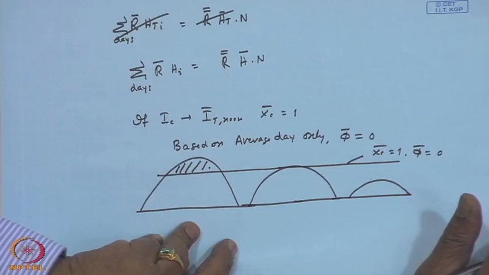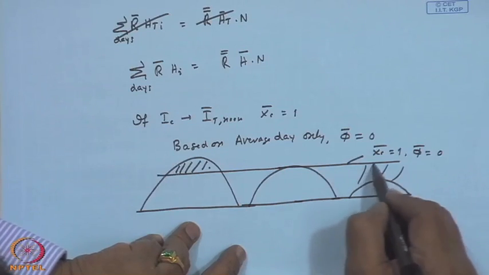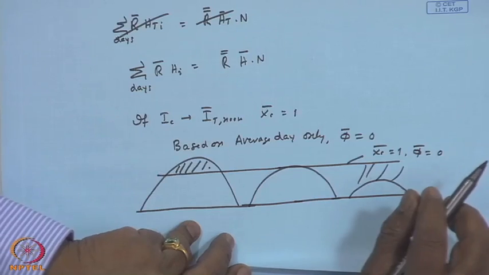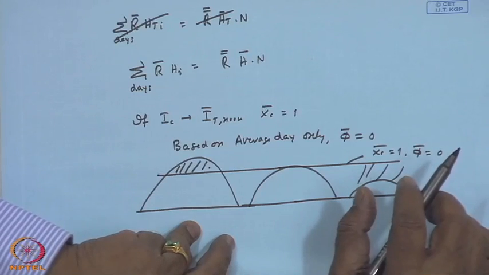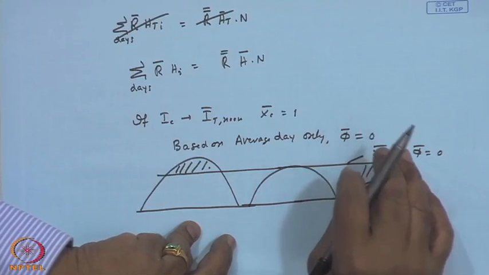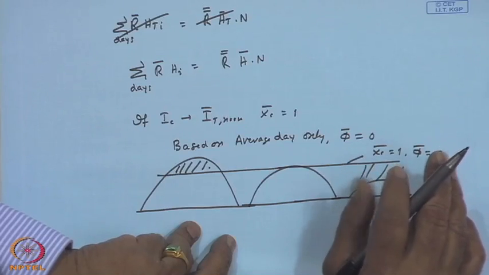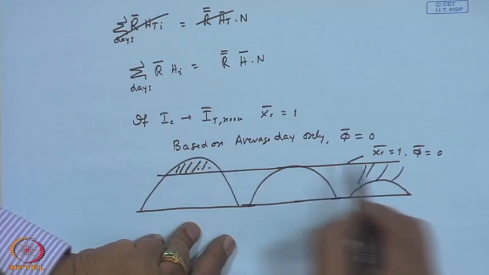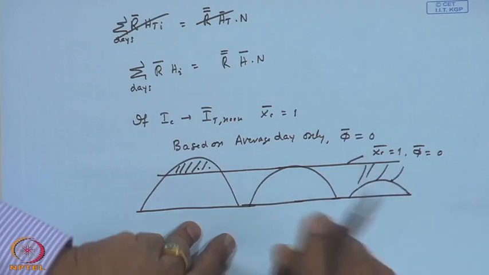Still, the average day would have worked if I had taken these negative things into account, but negative things are not given a penalty. This is treated as 0, I t minus I c plus only is summed up. So, this has to be taken into account, but not this deficit. So, the average day does not work.